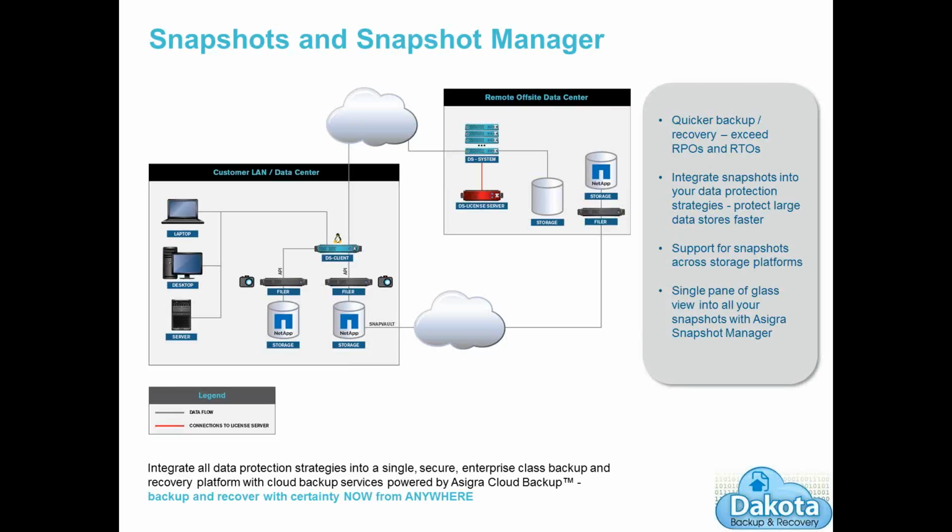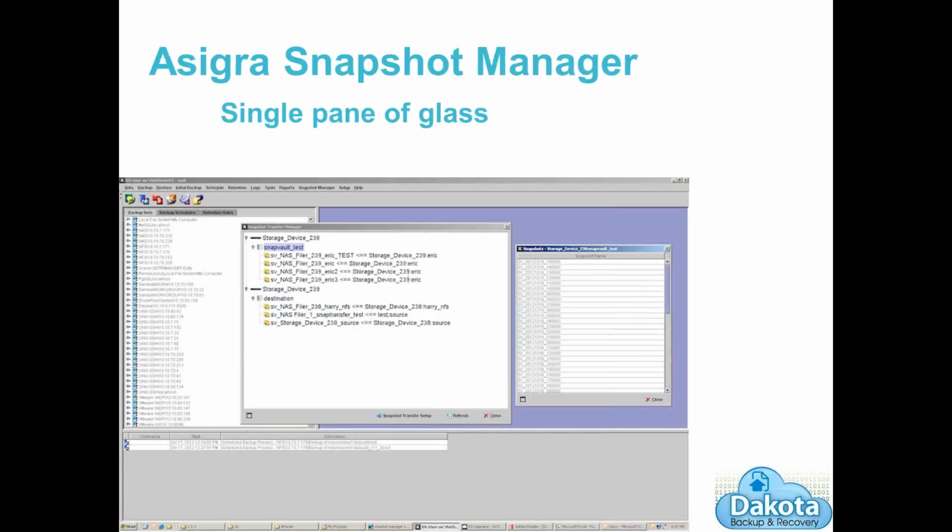Snapshots can be taken frequently, the performance impact is minimal, and they complete in very short periods of time. The Asigra Cloud Backup includes the Graphical Snapshot Manager to configure, catalog, and monitor snapshot backup activities, all helping to integrate snapshots into your data protection plans.